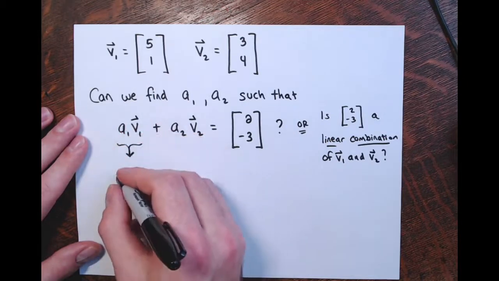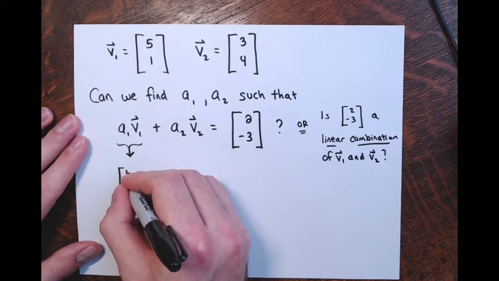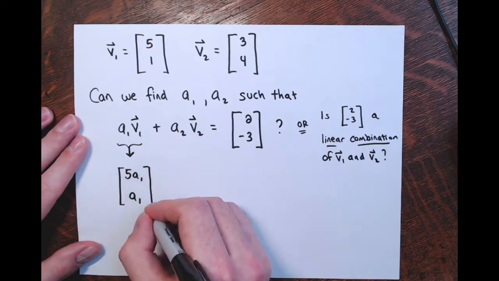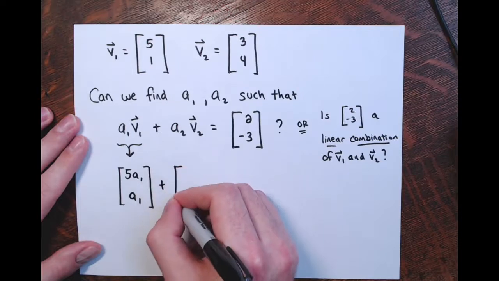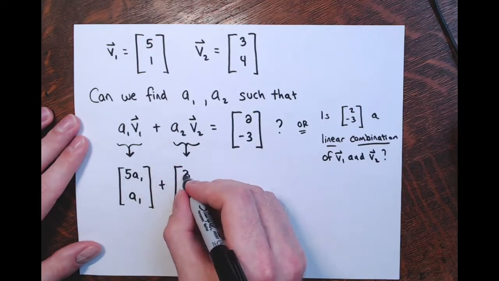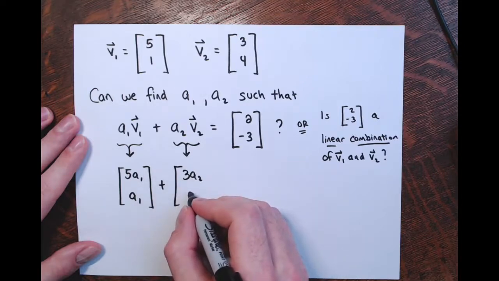So what does a1 v1 look like? Well, that would be 5 times a1, and then 1 times a1. And then what does a2 v2 look like? Well, that'd be 3 times a2 and 4 times a2.